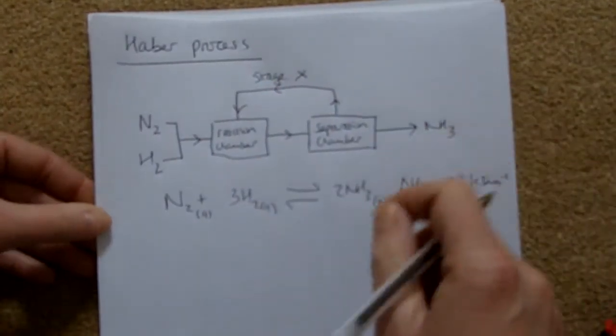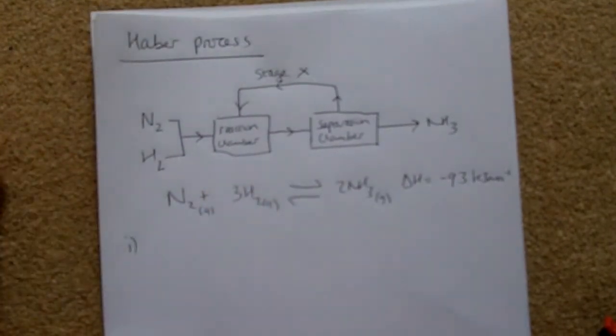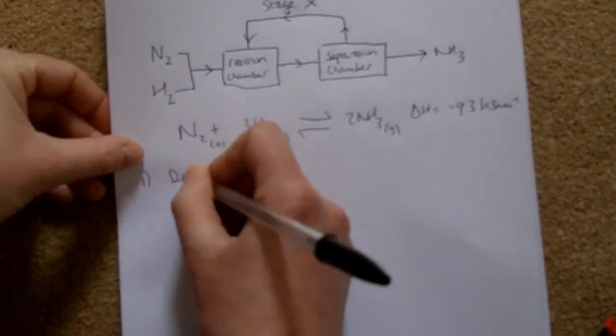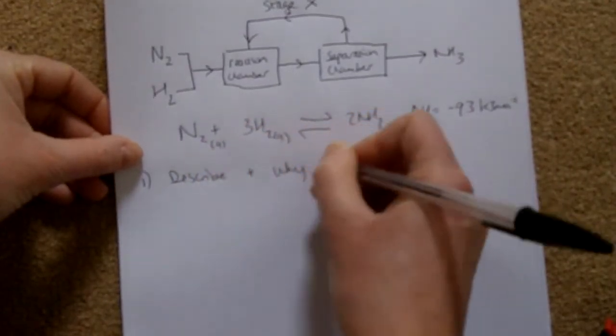Okay, so that's the exam question, and part 1 says, describe the conditions that are used in the reaction chamber and explain why these conditions are used. So describe the conditions used and why.